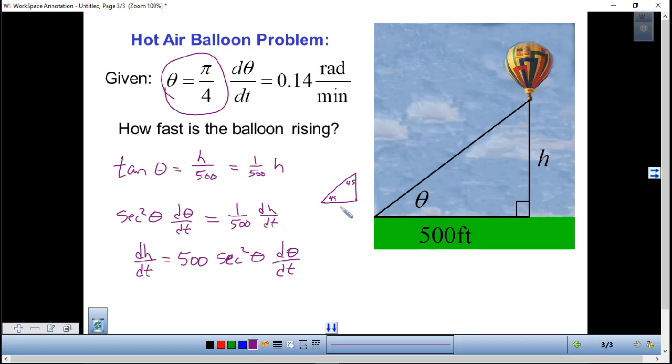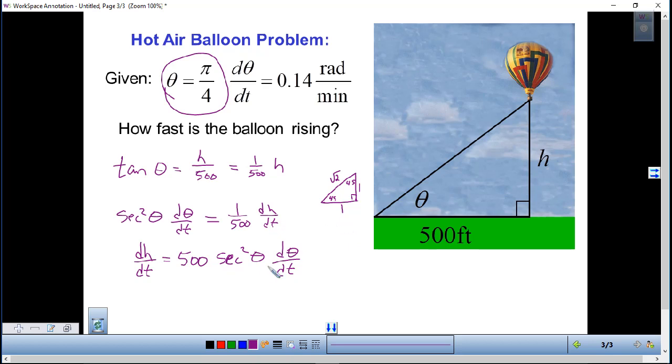We know that this is going to be 1, this is going to be 1, and this is going to be the square root of 2. That's your 45, 45, 90. You could also think of it as s, s, and s times the square root of 2. But that's the relationship between those sides.